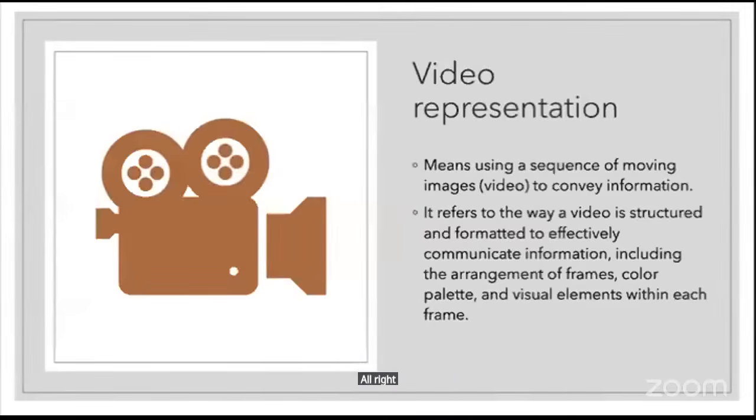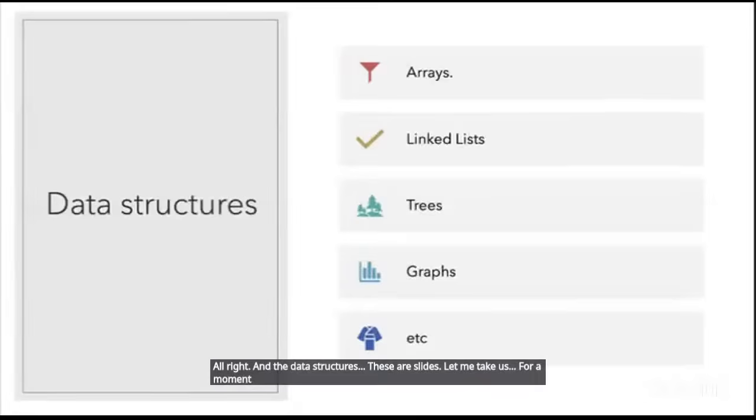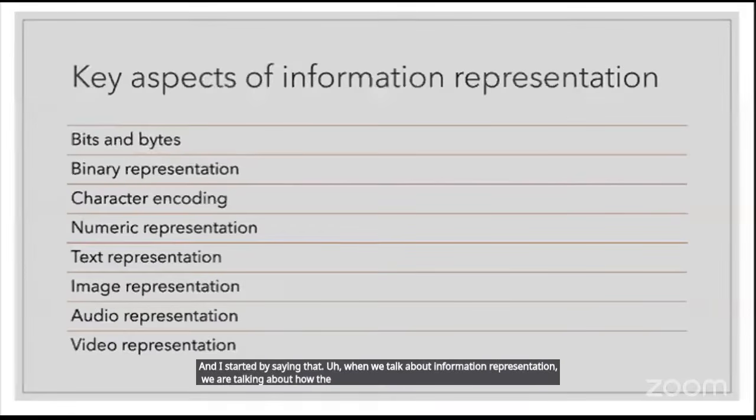Right? Then the data structures, these are slides. Let me take us for a moment back to where we started so that you'll understand what's happening. We started here, the key aspects of information representation. And I started by saying that when we talk about information representation, we are talking about how the computer processes, stores, manipulates information.